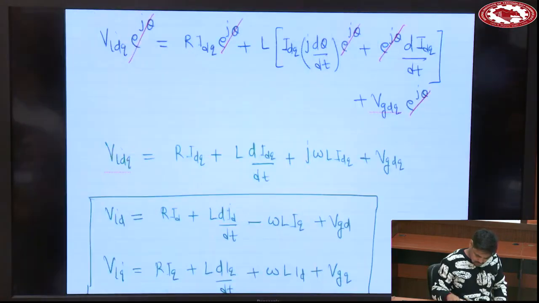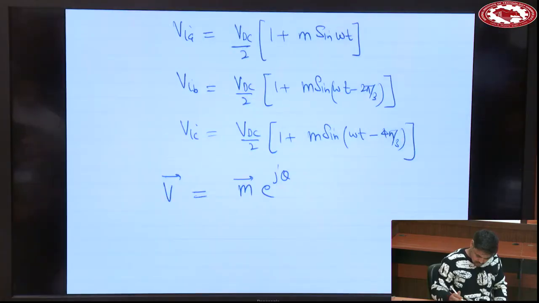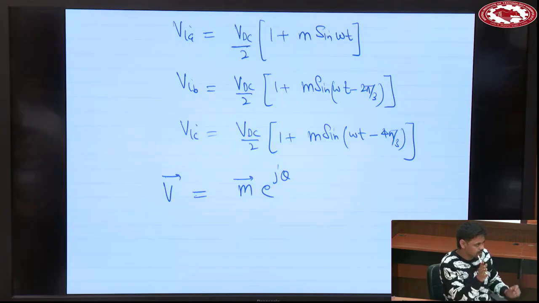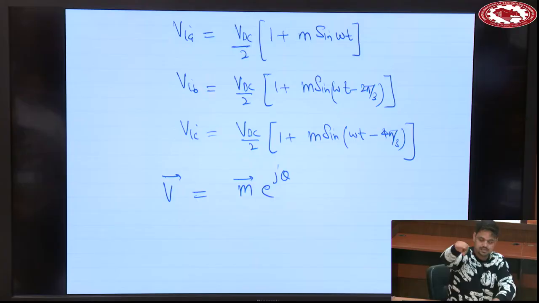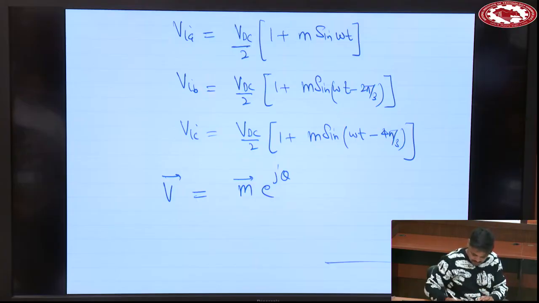Here it is plus 2 pi by 3, and it is correct only. In time domain, minus means behind. In space, you are here and you are going to this side. So if this axis is the reference, this axis is lagging, minus 2 pi by 3. This is minus 4 pi by 3. So we represent it in this way.